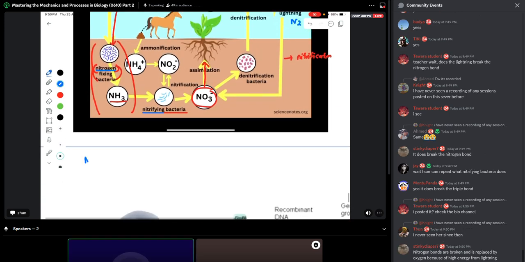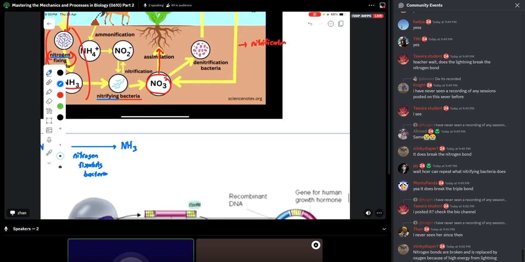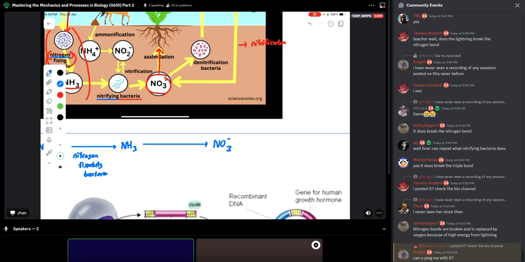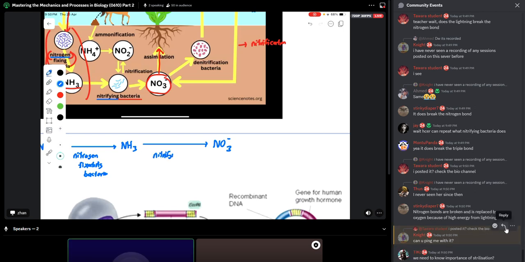From N2 gas, I want to make it into ammonia, so I will use nitrogen fixing bacteria. And from NH3, which is ammonia, I will convert into NO3 minus, which is nitrate ion, and I will use a nitrifying bacteria.